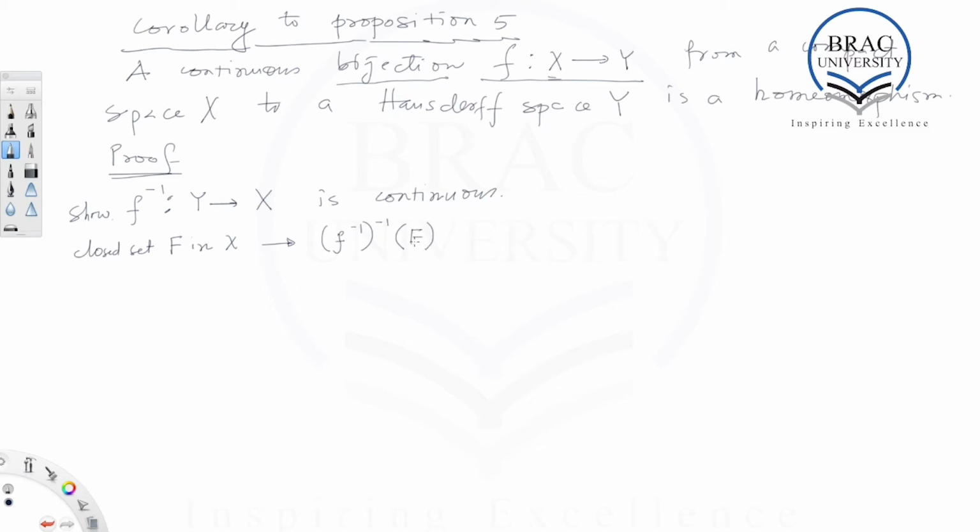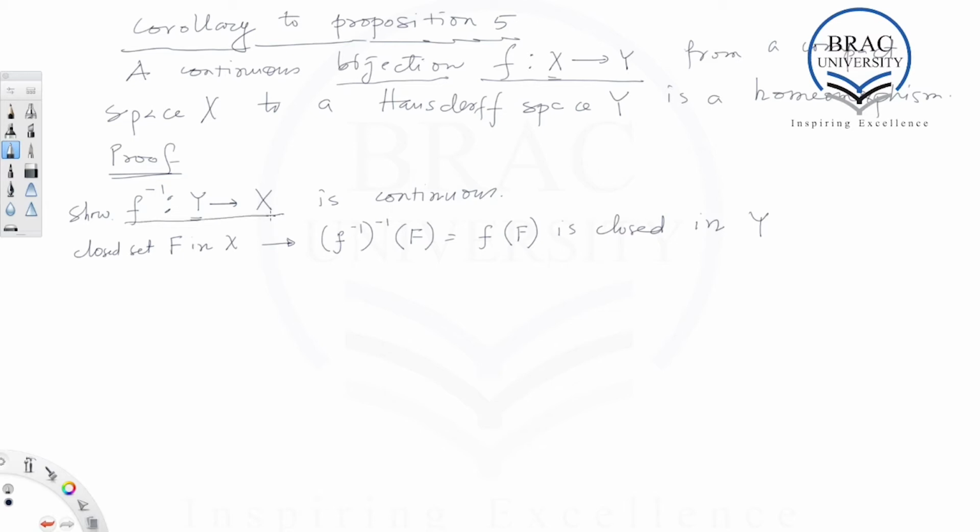under f inverse, which is nothing but actually the image of big F under f, okay, is closed in Y. So then we will be able to prove that this function is continuous, okay?